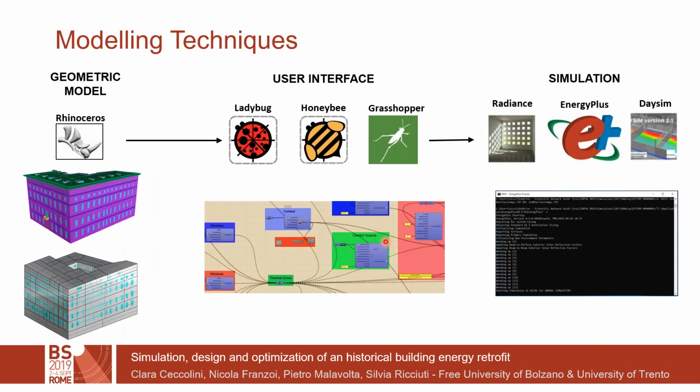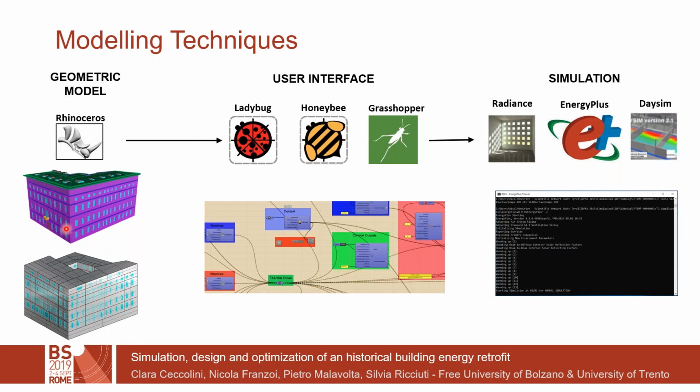A very important role in our project is played by the software we used. We started from two 3D models, one less detailed for energy simulation and the other one for lighting analysis.